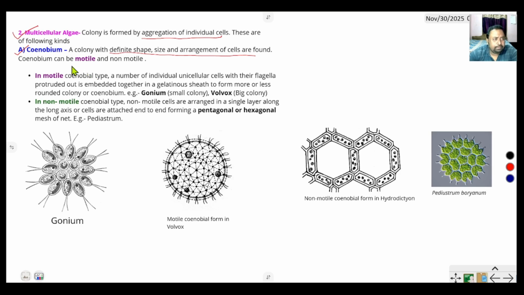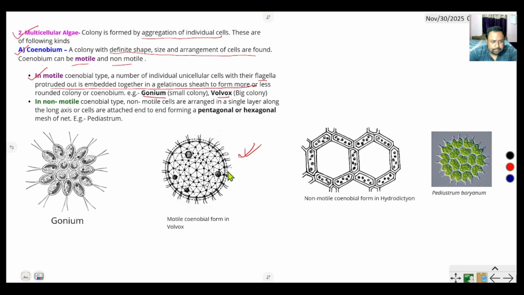Coenobia again divide into motile forms and non-motile forms. In motile forms, locomotory organs like flagella are present and protrude out. The cells are embedded together in a gelatinous sheath to form a more or less rounded colony, a coenobium, like Gonium and Volvox. This is Volvox, where a gelatinous sheath is present, the cells remain inside, and the flagella protrude out from the gelatinous sheath.